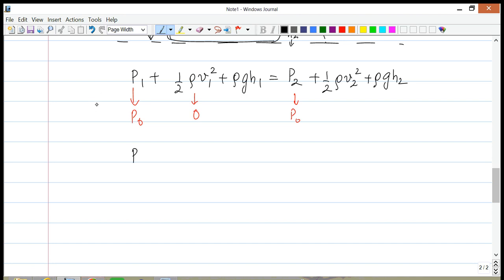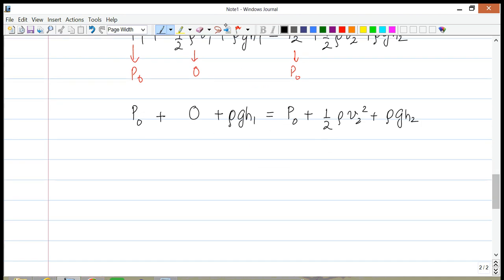Having seen all this, we can write down P0 plus 0 plus rho g h1 equals P0 plus 1/2 rho V2 squared plus rho g h2. Once we know this, we can cancel out one term.